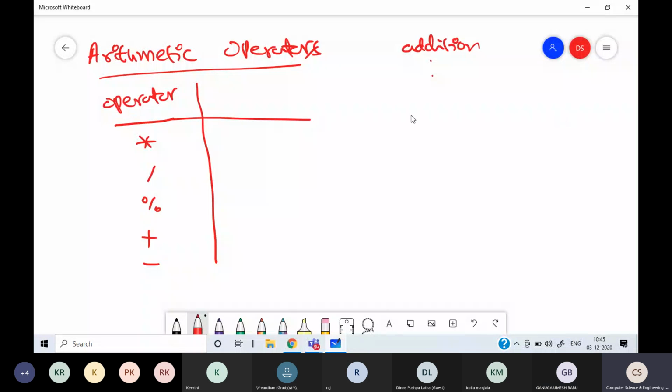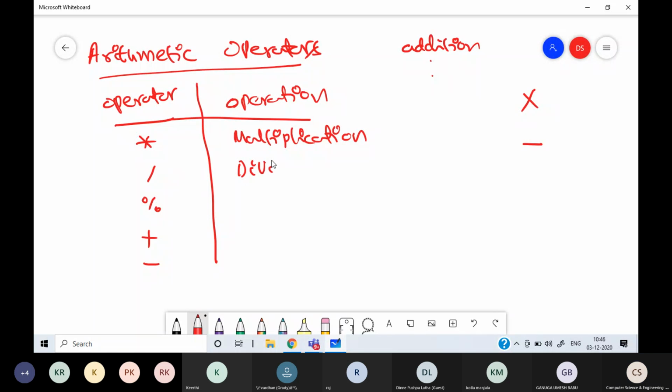So there are different symbols here. The operation we perform is multiplication. Normally we use a cross mark to multiply; here it is an asterisk for multiplication. Then we use the slash for division, where normally in our day-to-day life we use a different mark. Then the percent sign is the modulus operation, the remainder of the division.